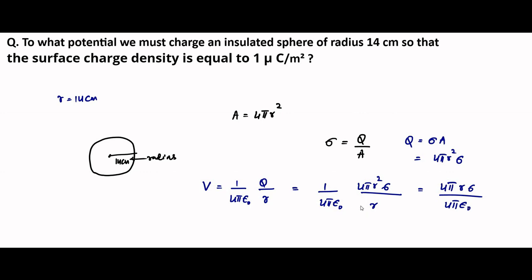Okay, so sigma is already given, which is equal to 10 to the power minus 6 coulomb per meter square. We convert the radius into meters, 14 into 10 to the power minus 2 meters.